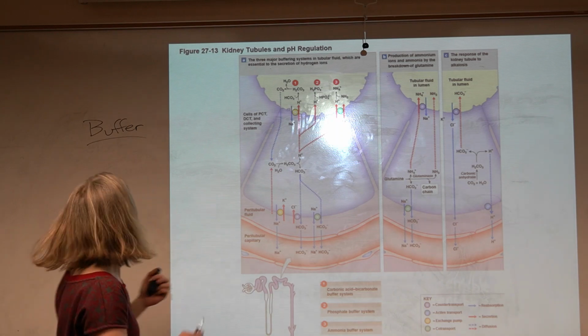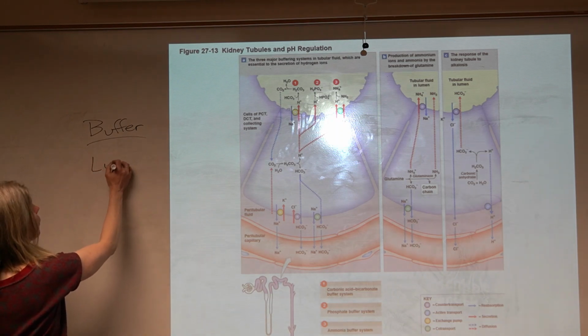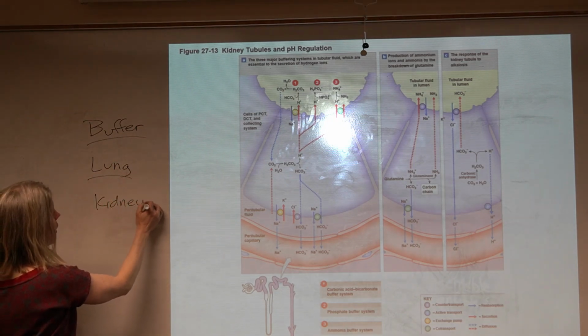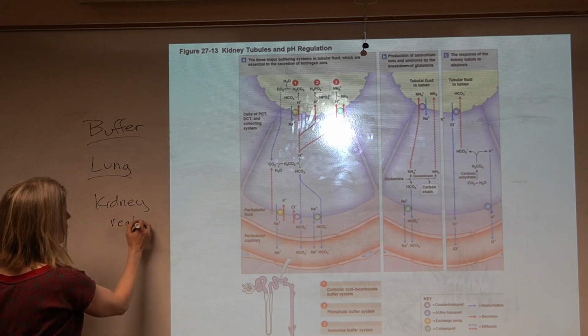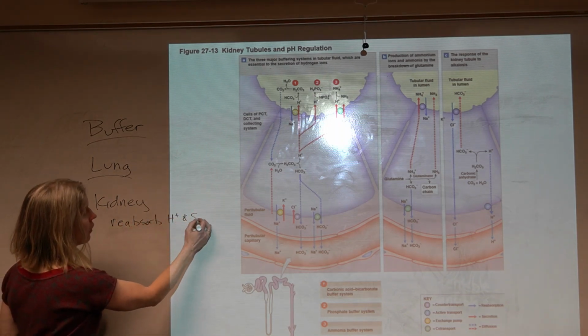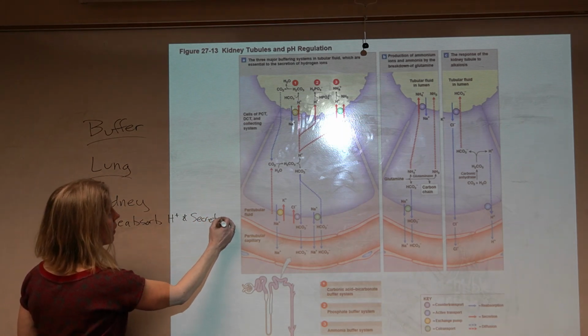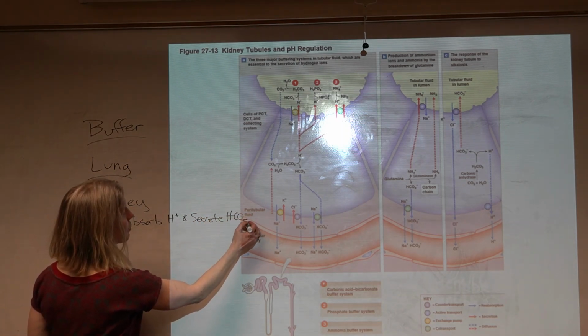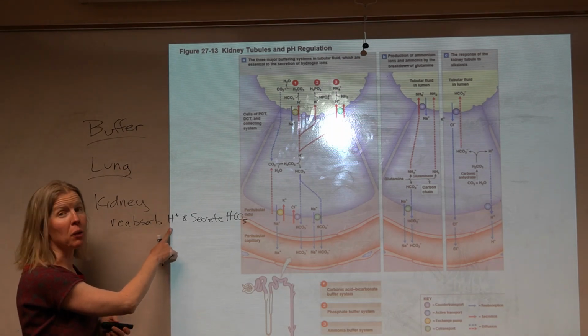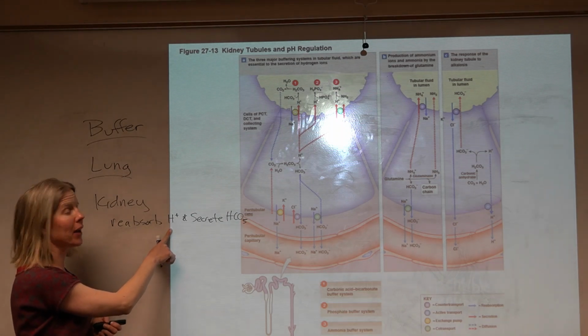Again, so we use the buffer, the lung, or the kidney. And really the question is, do we reabsorb hydrogen and secrete bicarbonate? Okay. You'd want to reabsorb hydrogen if your blood pH is getting too high, if you're becoming alkaline.